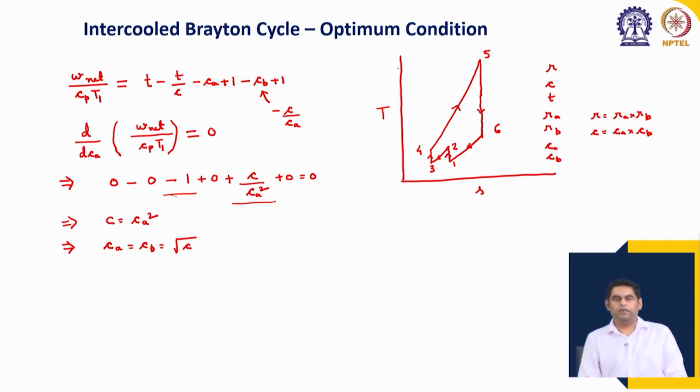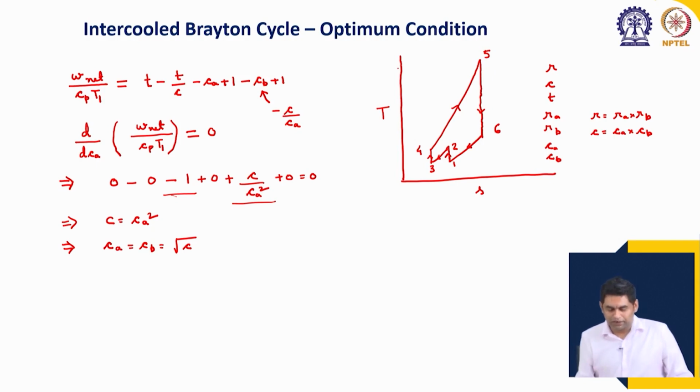This is in principle similar to the condition we had obtained for reheating, where we found that if the pressure ratio of expansion in the turbine was equally divided between the two turbines, we obtain the highest work output.